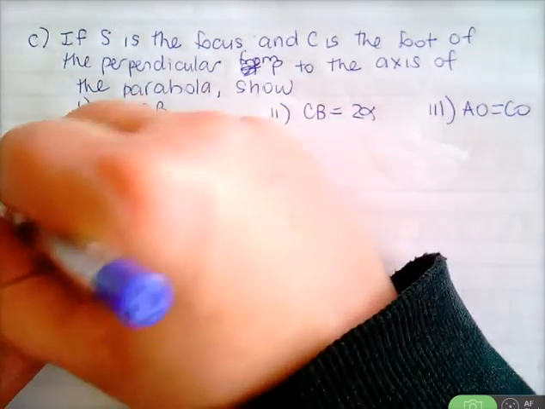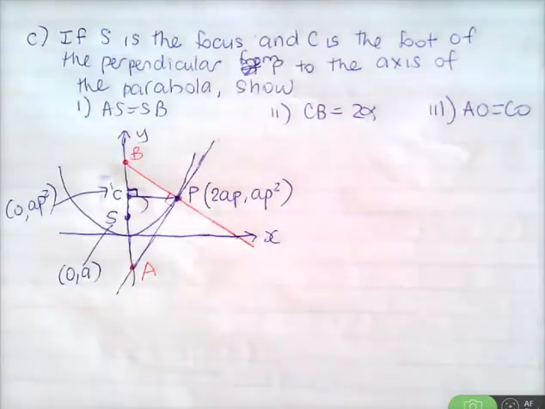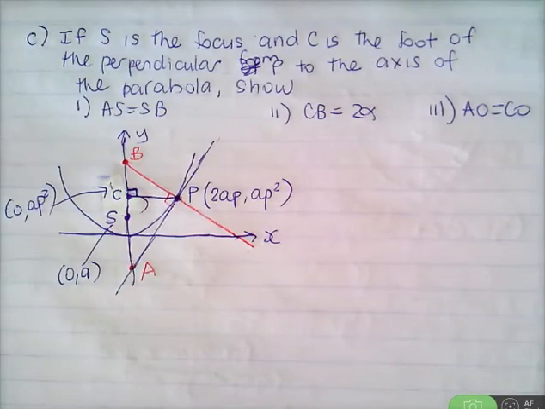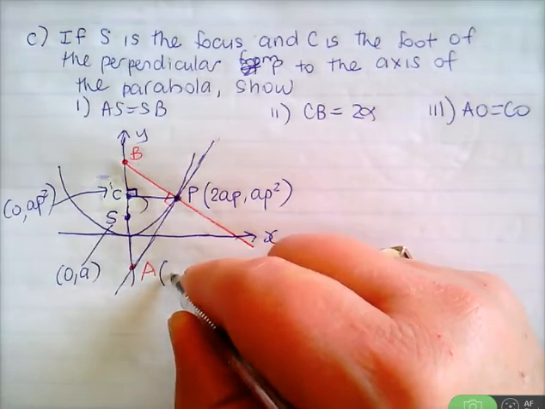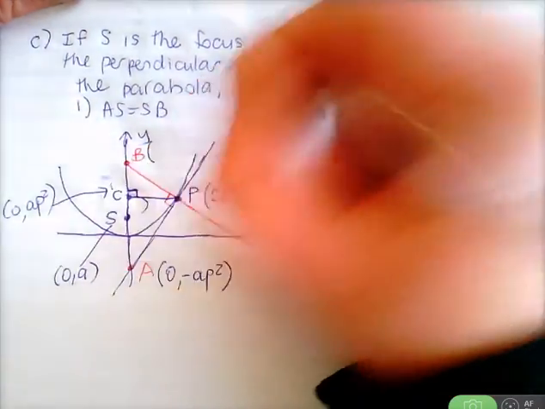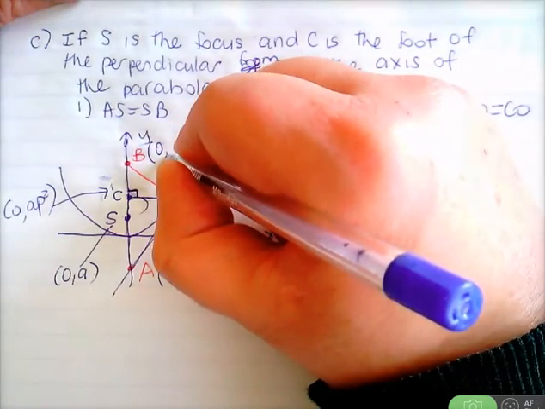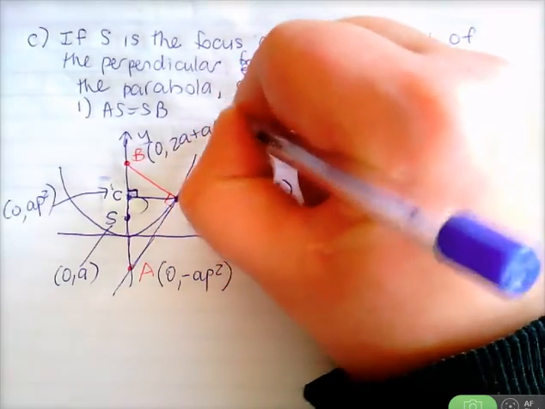So you already know the coordinates of C. S is 0A. We know the coordinates of A, which are 0 minus AP squared. We know the coordinates of B, which are 0, 2A plus AP squared.